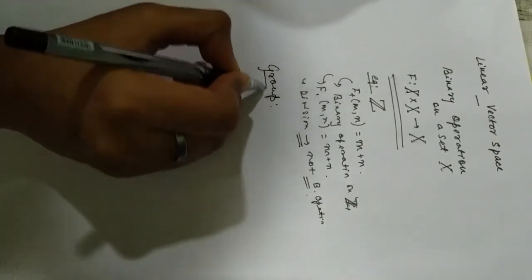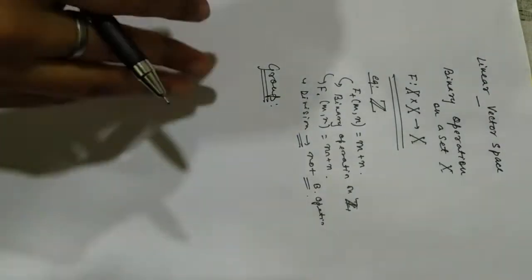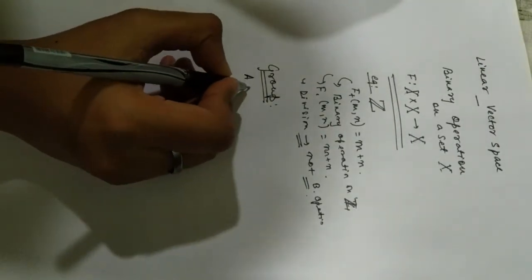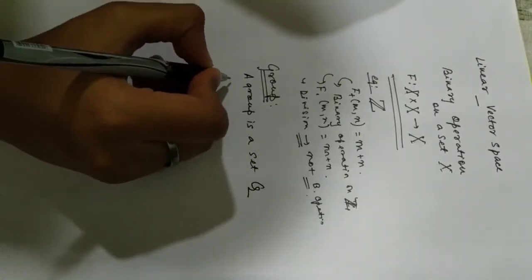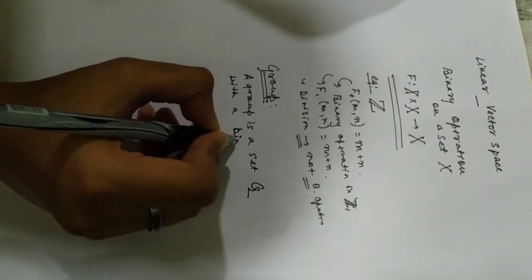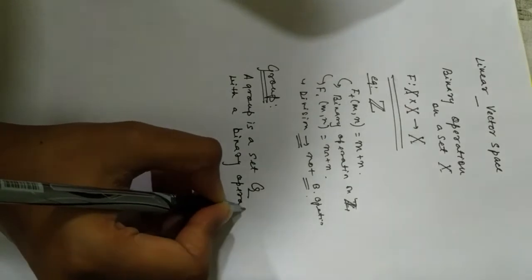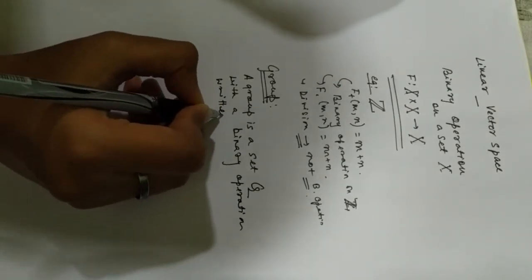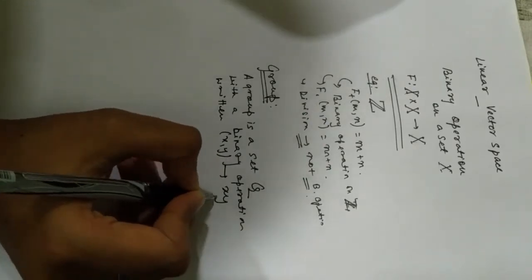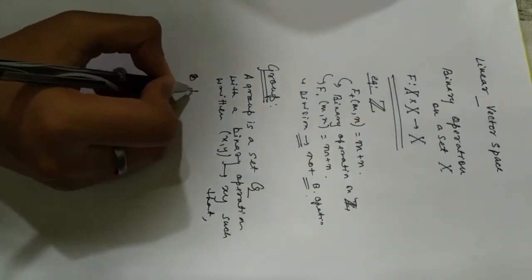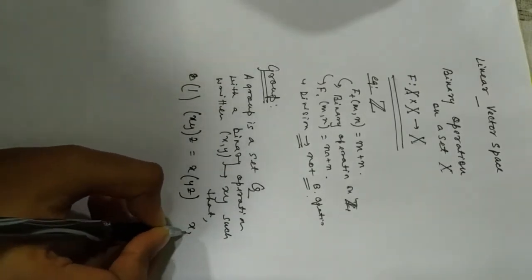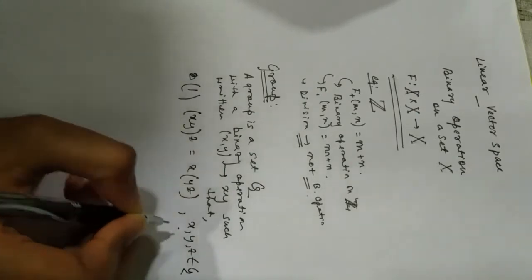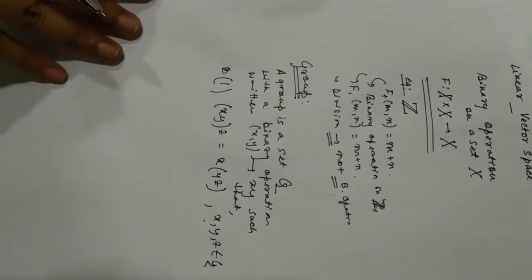Now let's try to understand what a group is. A group is a set G of elements with a binary operation written such that the axioms hold.